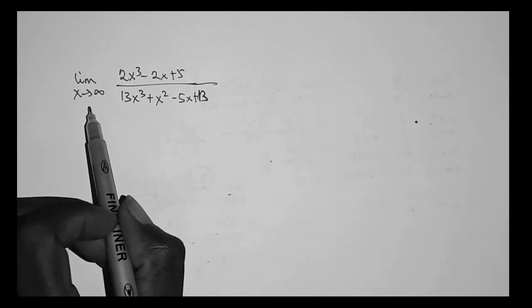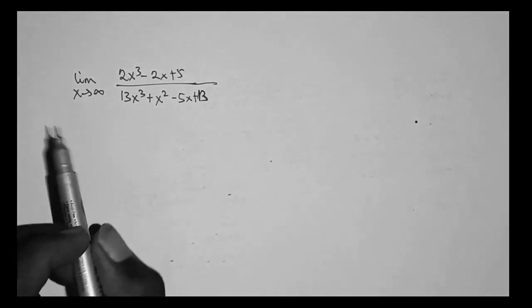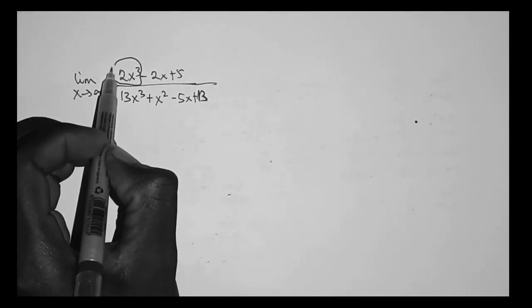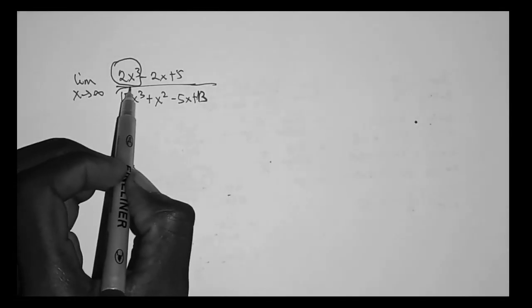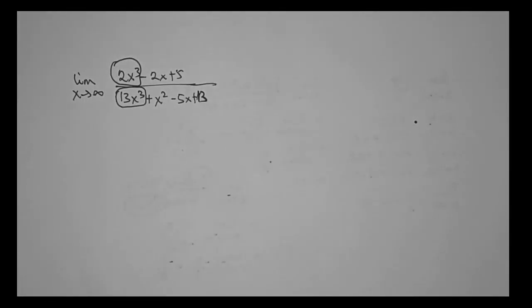It's the same thing. For limits at infinity, the most important thing is the highest degree terms. So you see that for the numerator, this is the one with the highest degree, and for the denominator, this one is also the term with the highest degree.